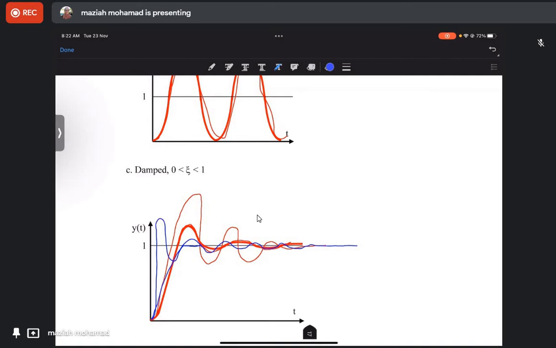Whether to have overshoot but have a faster settling time, or a lower overshoot, meaning the most important requirement is minimum overshoot, but we can allow for a longer settling time. Or you want to have both combination, faster, lower overshoot and faster response, or higher overshoot, longer response. Okay, so the specification will depend on the requirement of the system.